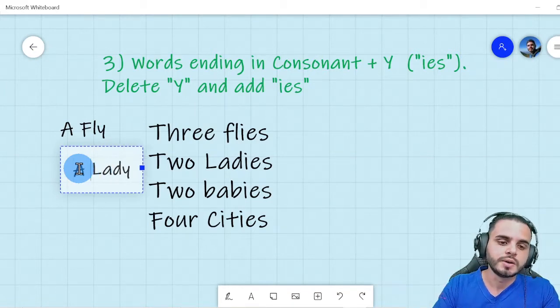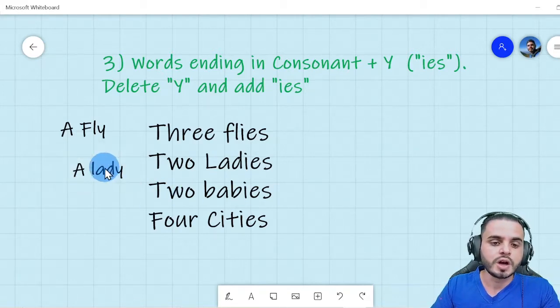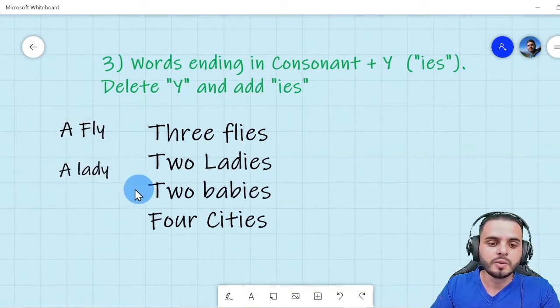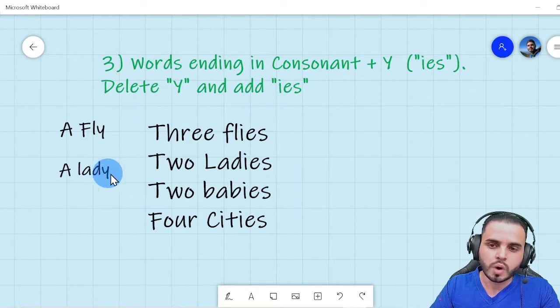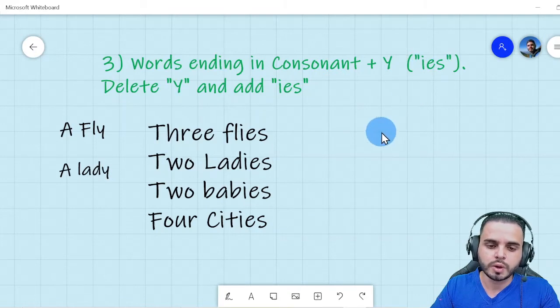Now you don't have a lady, but you have two or three or maybe more ladies. Again, what the rule says is I delete this Y letter and I substitute it by the letter I, and then we add ES, or we just delete the Y and add IES, the way you want to see it.